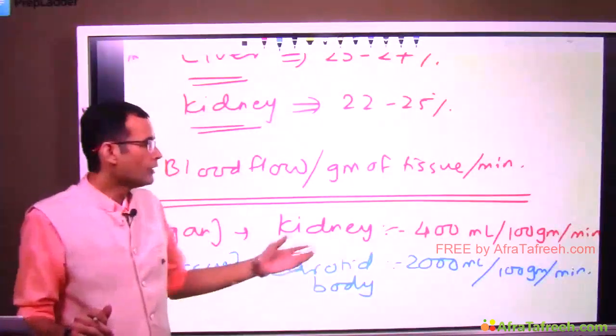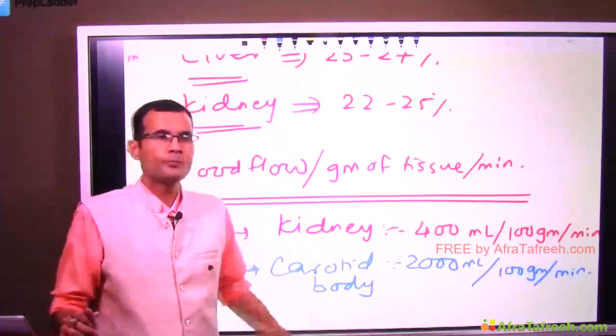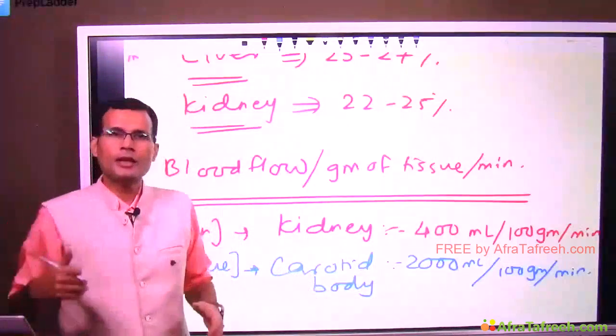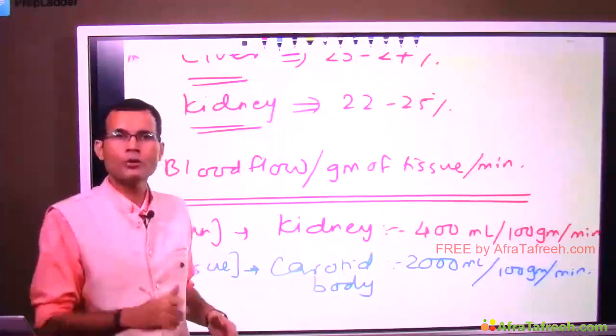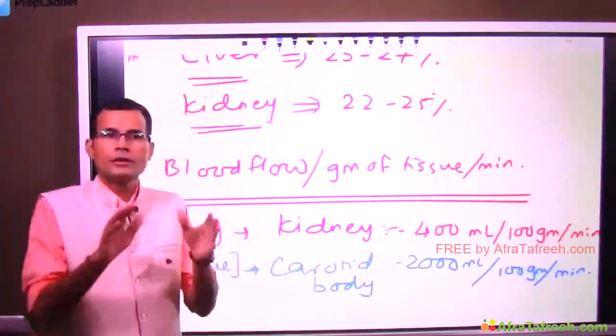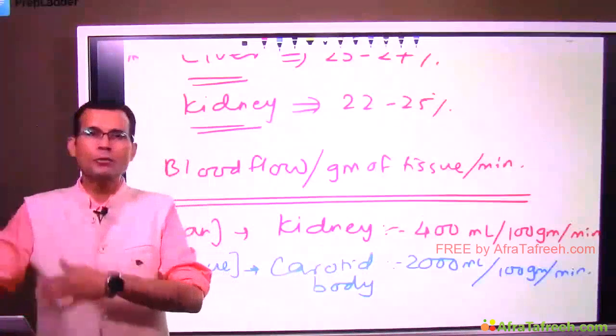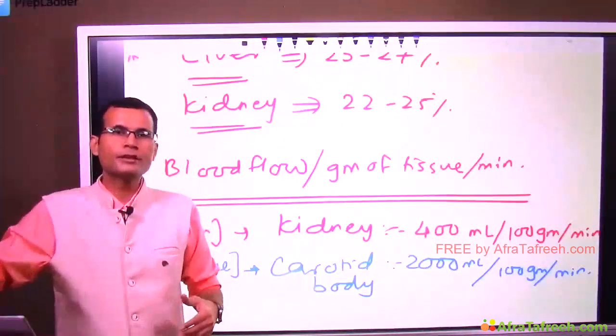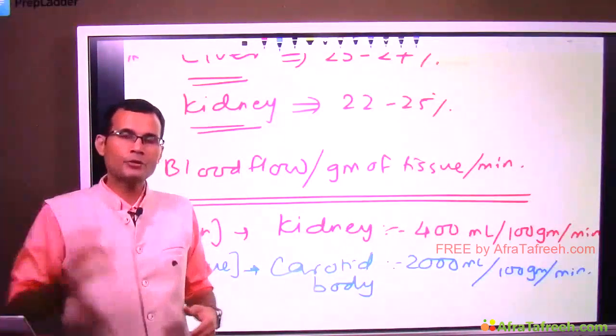Carotid bodies have such a massive blood flow that even if there is anemia and therefore less oxygen content in the blood, the oxygen that is combined with hemoglobin will be less because hemoglobin itself is less in anemic hypoxia.